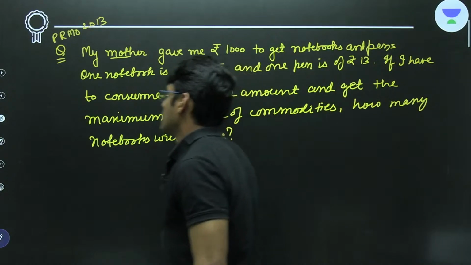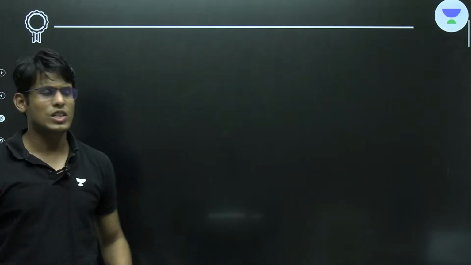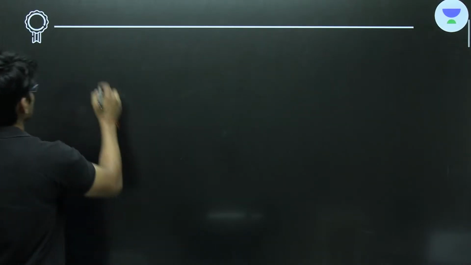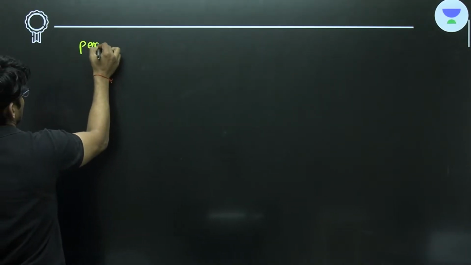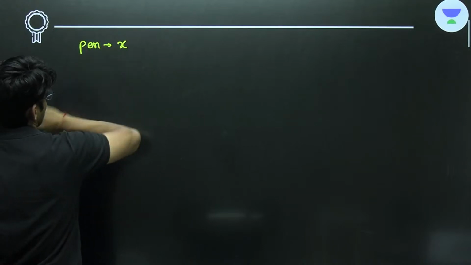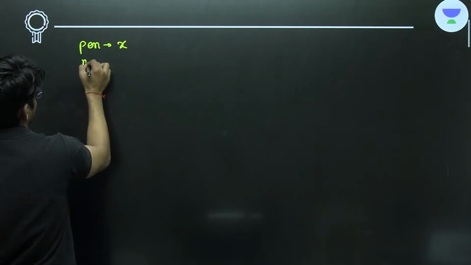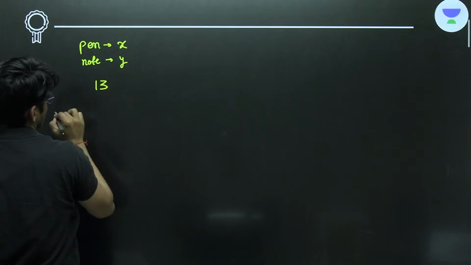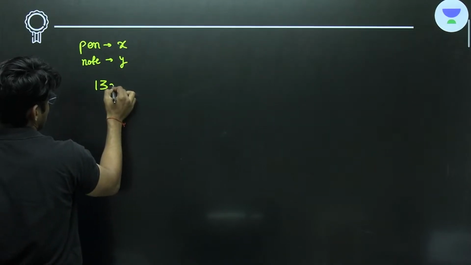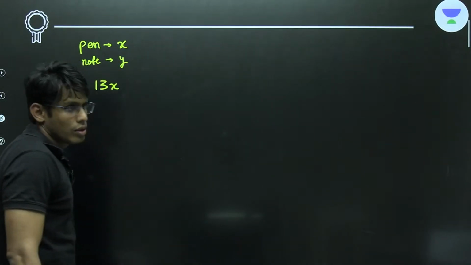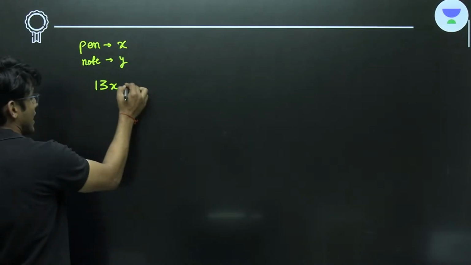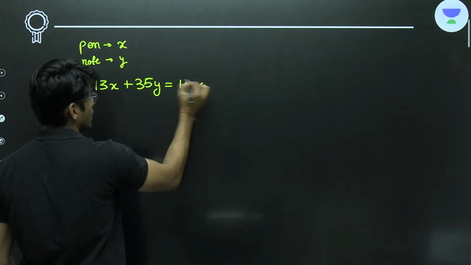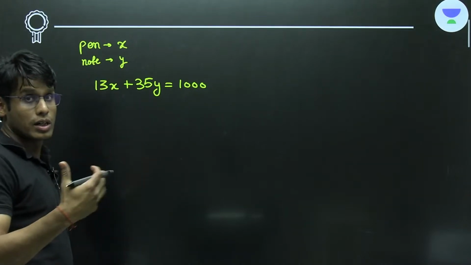So, see, in the first 5 seconds, you got the equation. Let's have x pens and y notebooks. One pen is costing you rupees 13. So x pens you will get for 13x. 13x plus 35y equals 1000. Let's do certain observations here.